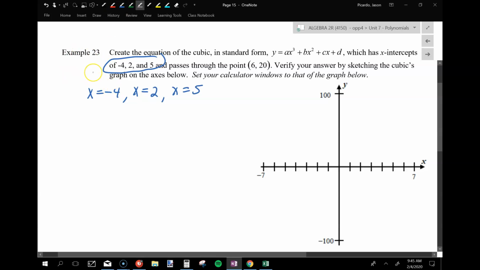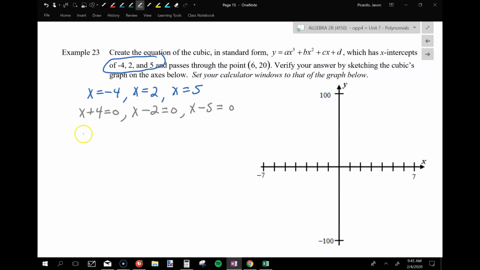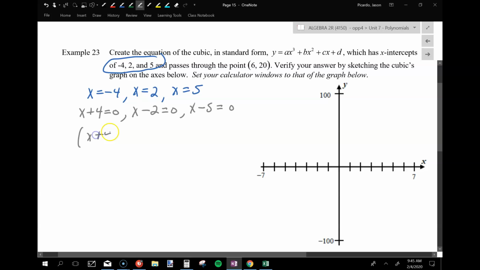Well, if I add 4, I get x plus 4. If I subtract 2, I get x minus 2. If I subtract 5, I get x minus 5. So how many factors do I have? 3. So I'm going to take those factors and write them as a product.